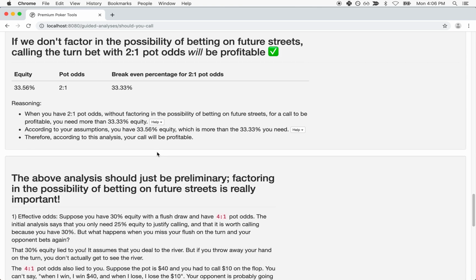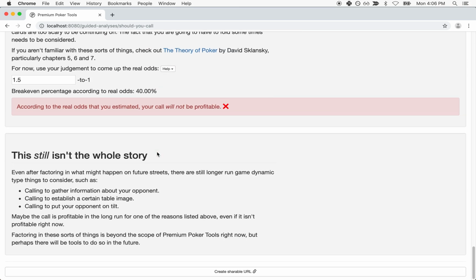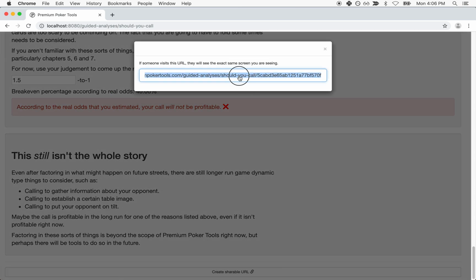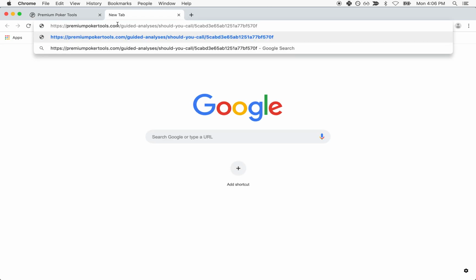And finally, to wrap things up, I'd like to show you that I have this shareable URL feature. If you want to post a hand to a poker forum or study with friends, you click this and it gives you a URL. And you can send this to a friend or post it in a poker forum, and they're going to end up seeing exactly what you see.